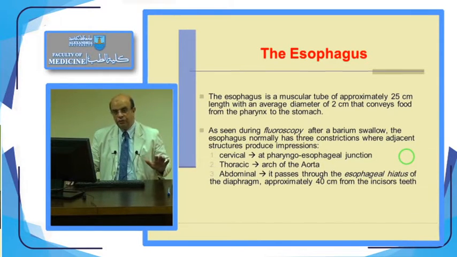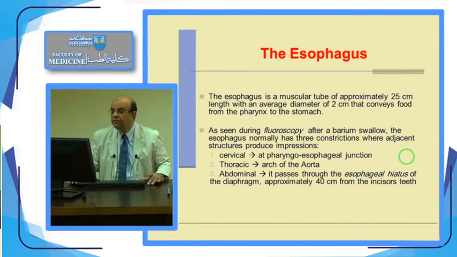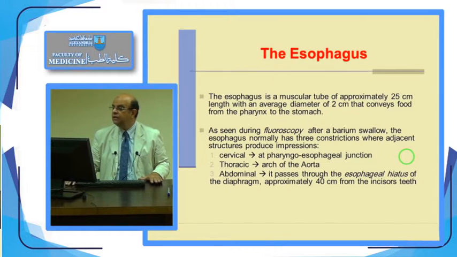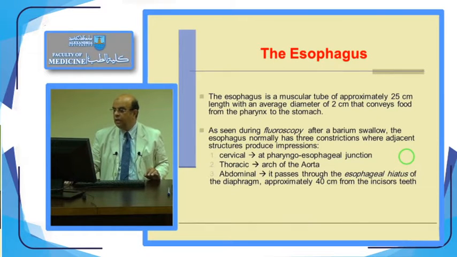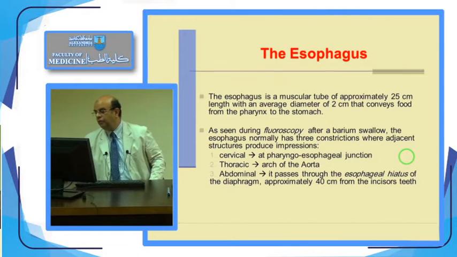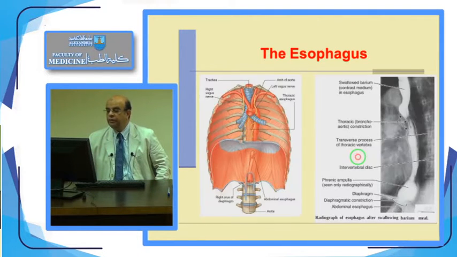At the level of the cervical region, the constriction is at the pharyngoesophageal junction. In the chest, it is around the arch of the aorta, and in the abdomen, it is in the region where the esophagus passes through the hiatus of the diaphragm, approximately 40 centimeters from the incisor teeth, and this is the topic of this lecture.